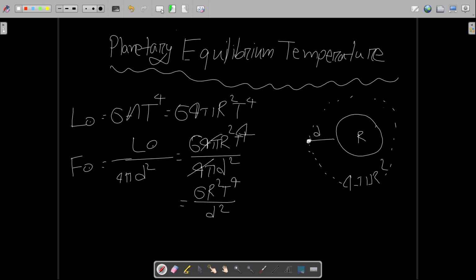Now let's go back to our planet. What's happening on our planet? So let's say this is the planet. Let's say that it has a radius of r sub p. Now, if there's a sun giving off some energy, it's only one side, one surface that's receiving that light, right?